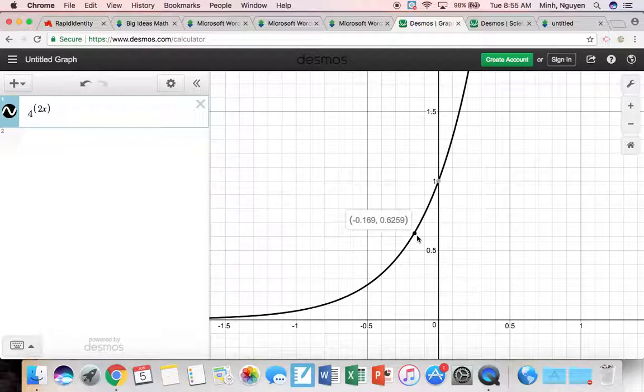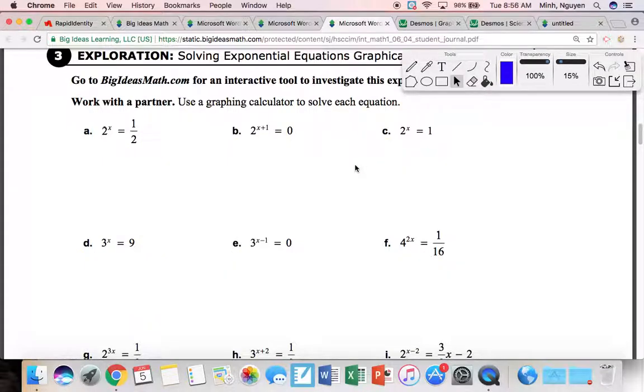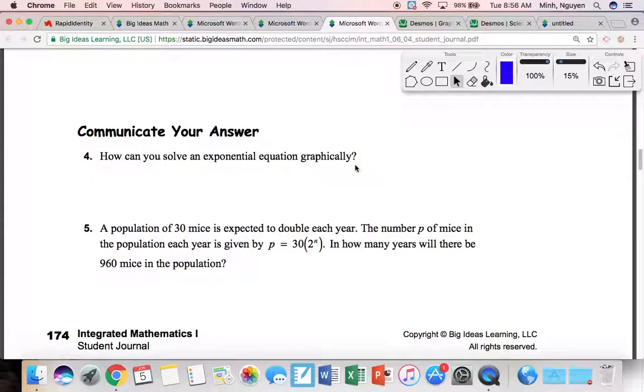So you'd say x equals about negative 0.17, just an estimate. So that's how you use graphing to figure that out. It gives you a y, go find the x.